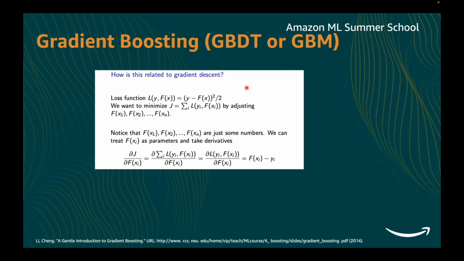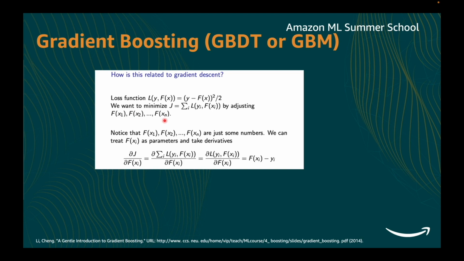It won't change the model you're obtaining. So now we want to minimize this, and we want to do this by adjusting f of x1, x2, and xn. Now these are just some numbers.